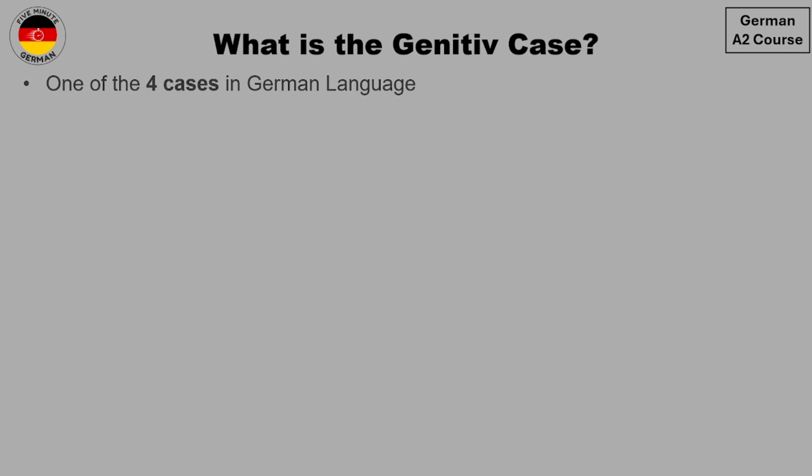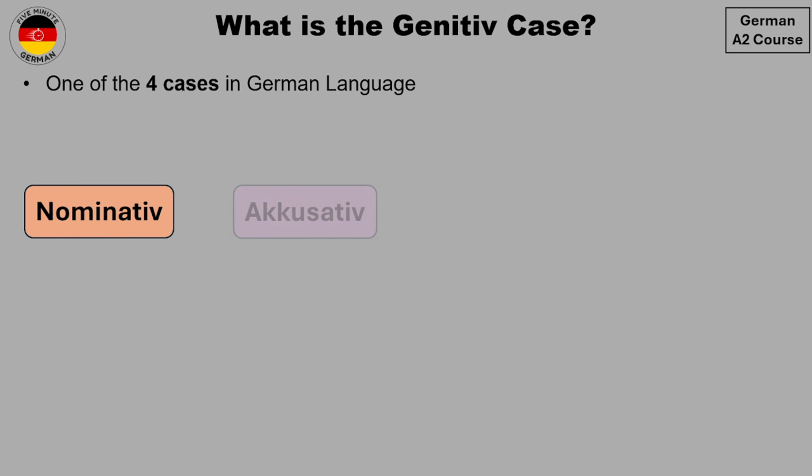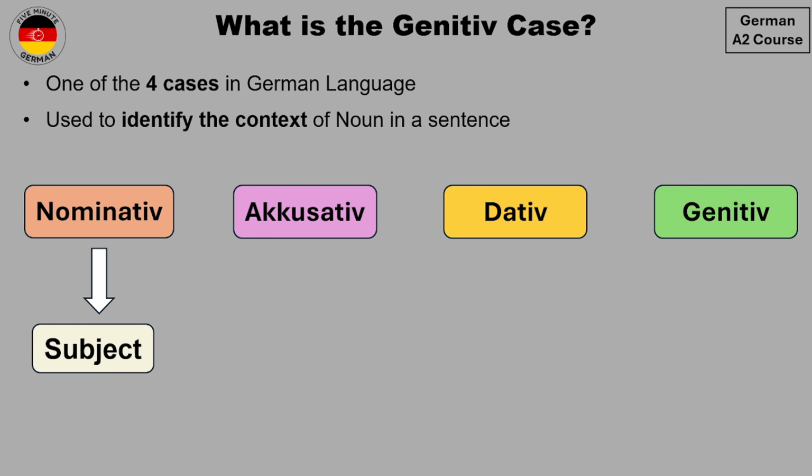So what is the genitive case? So genitive is one of the 4 cases that we have in German language. These are nominative, accusative, dative, and genitive. And these different cases are used to identify the context in which a noun is used in a sentence. So for example, when we say that a noun is in nominative case, then this means that it is the subject.